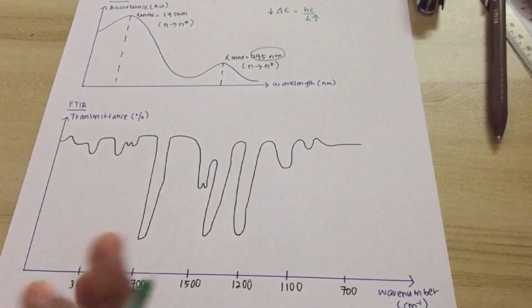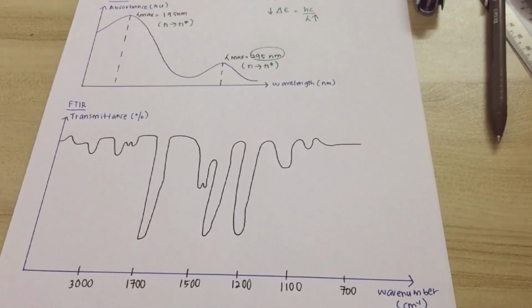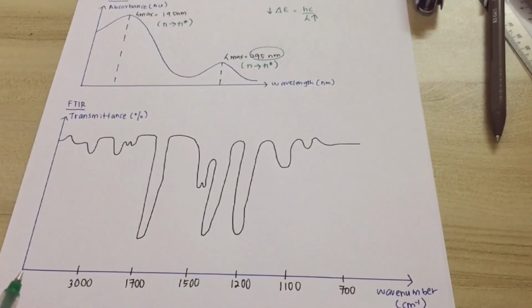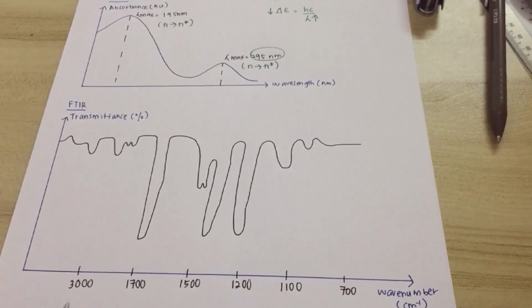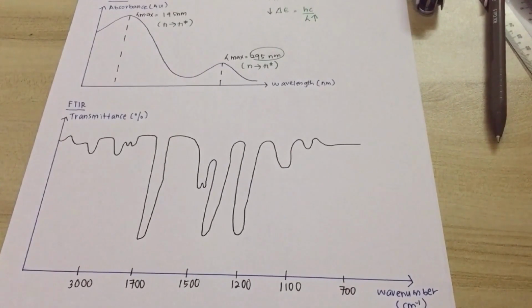The functional groups, stretching and bending in the molecule absorb at certain wavelengths and give the transmittance. So we will analyze the FTIR first based on the frequency or wavelength that the functional group, stretch and bend absorb.